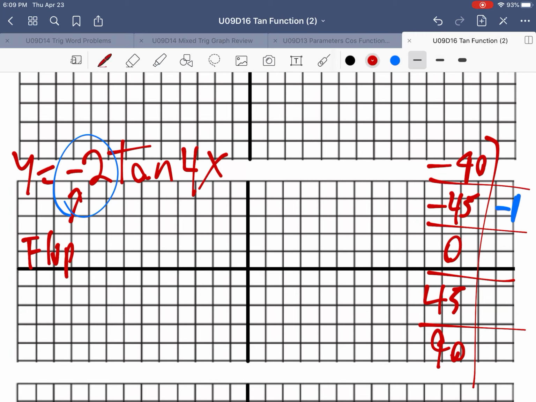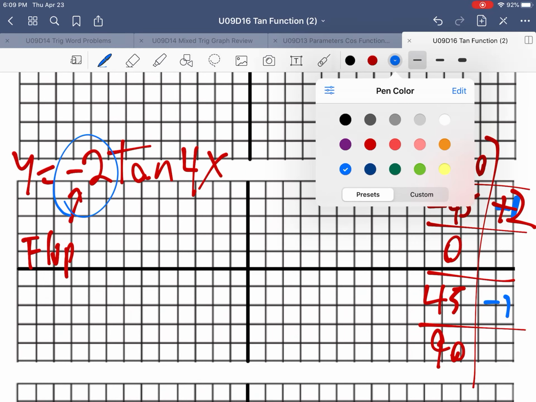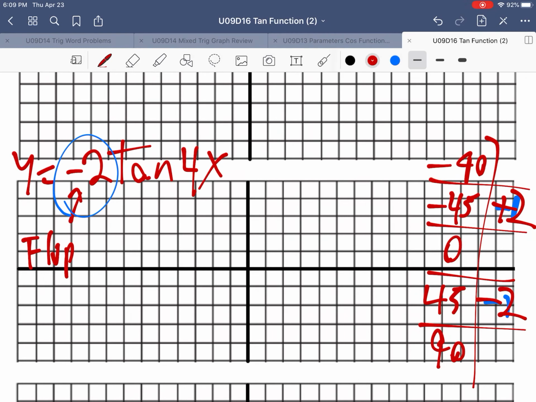So normally this would be negative 1, but because of the negative 2, it's going to be positive 2. And because this was normally positive 1, this is going to become negative 2. So those are now the important values we need to know. The negative 90 and the 90 are still undefined.